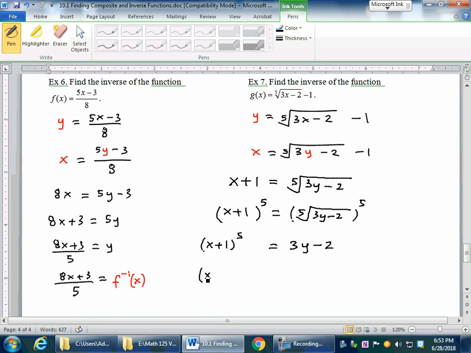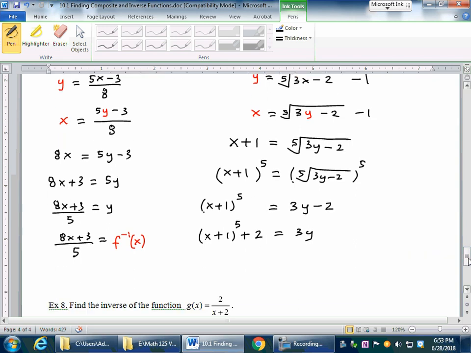Don't forget we are solving for y, so the next step is to add 2 to both sides. So x plus 1 to the 5th power plus 2 is equal to 3y. And finally, I'm going to divide both sides by 3, so it will be x plus 1 to the 5th power plus 2, all over 3.